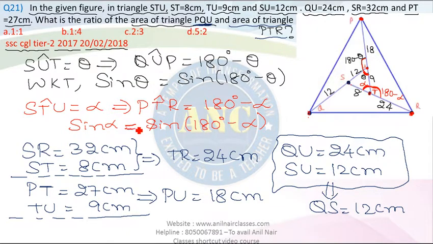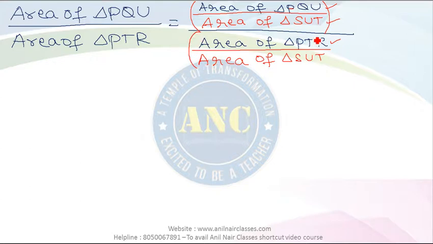Because they both are equal, I can cancel it off. This alpha is present in which triangle? SUT once again. I hope you are understanding why we should divide numerator and denominator by some area of some other triangle, and why particularly with SUT itself we need to divide. Both should be very, very clear for you people.